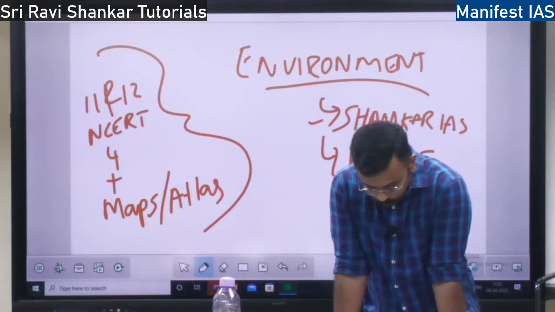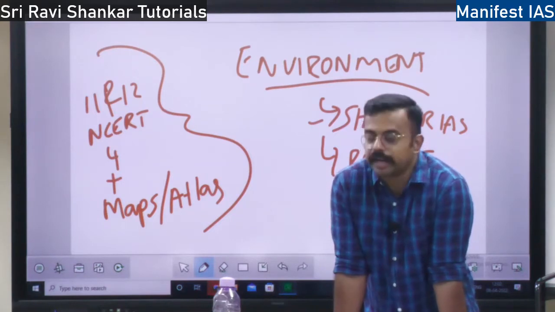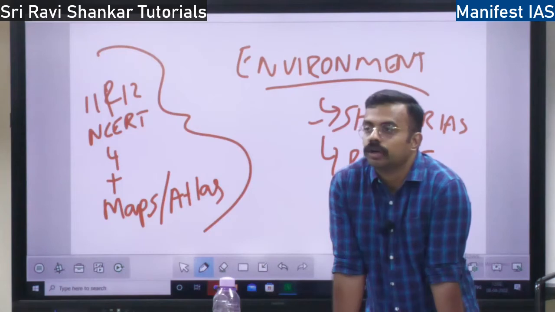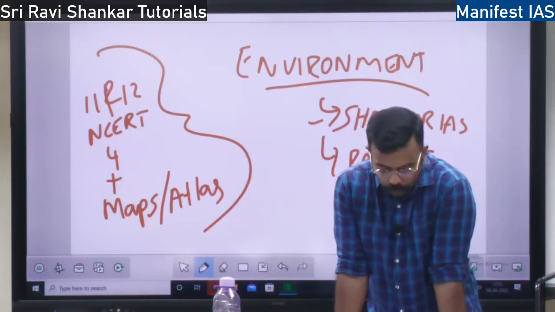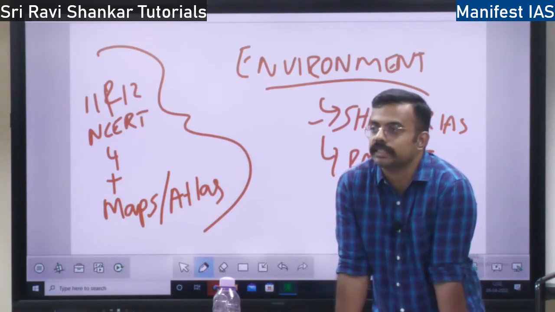So the community is divided based on numbers. How many population is there in a particular community? What is the size of the population? How is the population organized, right?